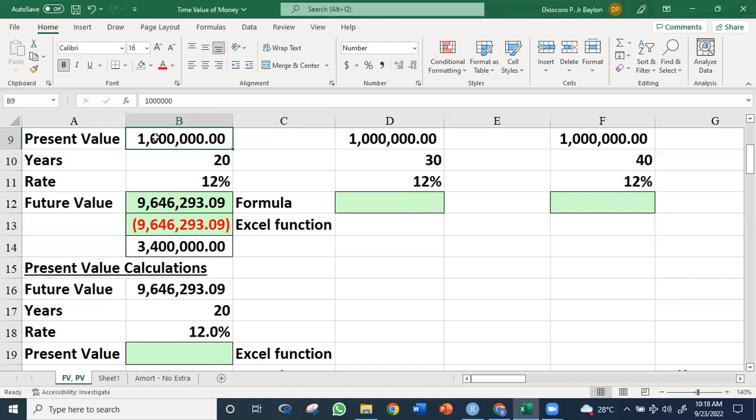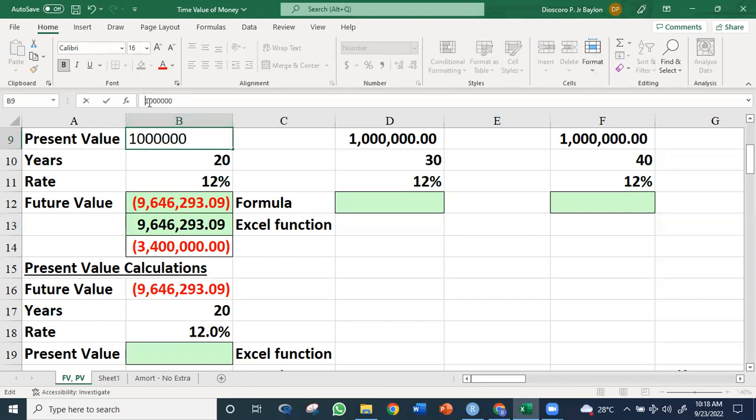So you had the loan, money went in, and after 20 years it's negative because you have to pay that back. Had I placed a negative here, let's suppose I put a negative and press enter, notice the value changed and became positive, because Excel treated this as a cash outflow, which means you invested something and at the end it will be a cash inflow.